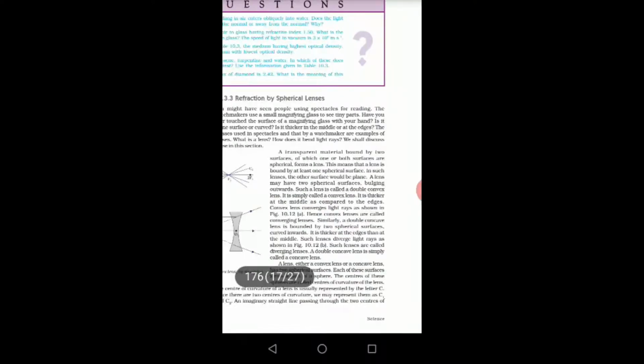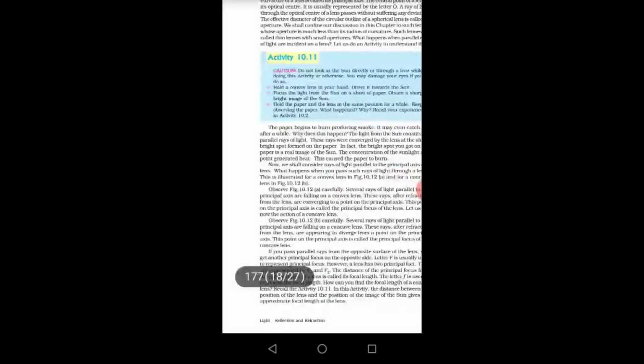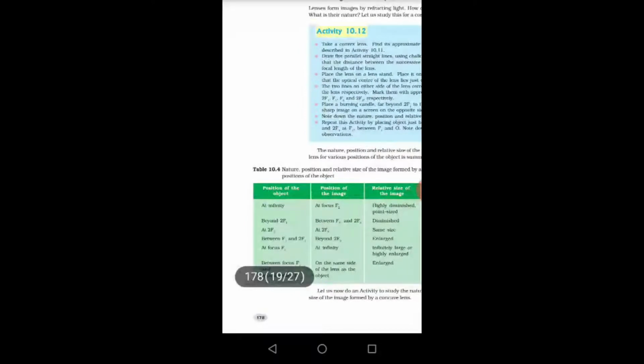Then rules for image formation in lens. Number 1, the incident ray parallel to principal axis converges or diverges at a point on principal axis, or you can say converges or diverges through focus.